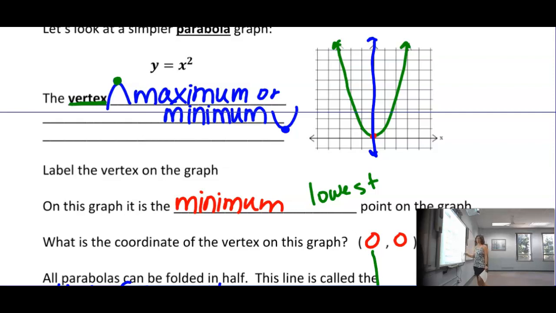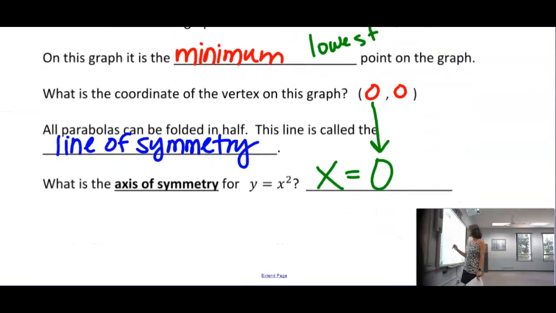This blue line on this graph would be called the axis of symmetry, or the line of symmetry. I think in our homework assignments we call it axis, so let me write that word instead. And the axis of symmetry, there it is, 0. It's always going to be whatever the x value is in the vertex; our axis of symmetry always comes from that value.